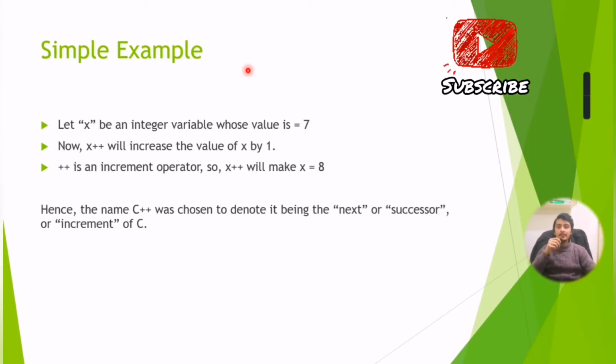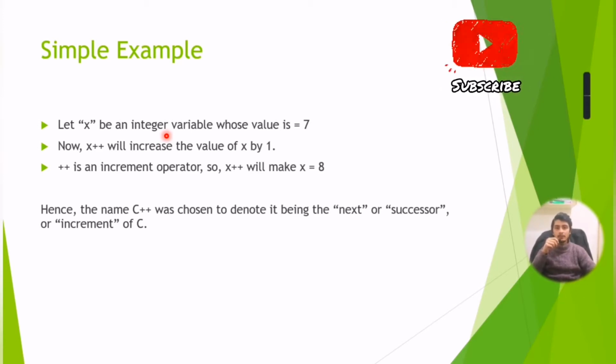Let's try to understand with a simple example what C++ is and how it works. Let x be an integer variable whose value is equal to 7. So let x be an integer, it's a variable, and we are assigning the value 7 to it. Now x++ will increase the value of x by 1. Before going ahead, I would assume that you know basic mathematics, like what an integer is and what different types of numbers are used in mathematics.